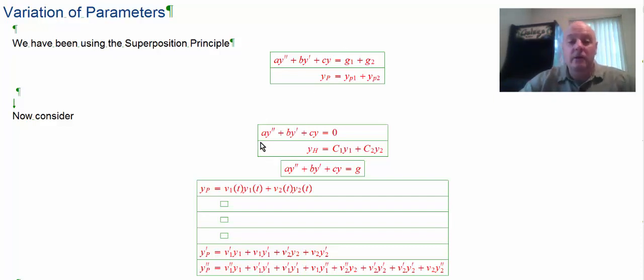So consider here I've got a homogeneous second-order linear constant coefficient differential equation and a homogeneous solution for it, which is just the linear combination of two little solutions. So y1 and y2 are solutions to this homogeneous differential equation, they're functions of time, and they're independent. If we want to prove they're independent, we can look at the Wronskian and show the Wronskian's not zero.